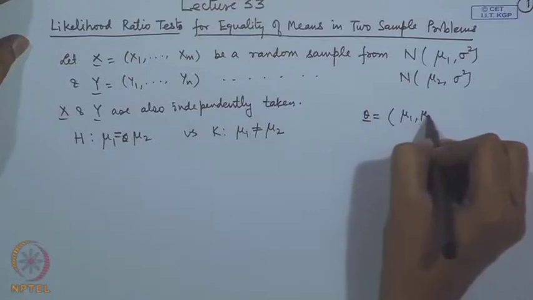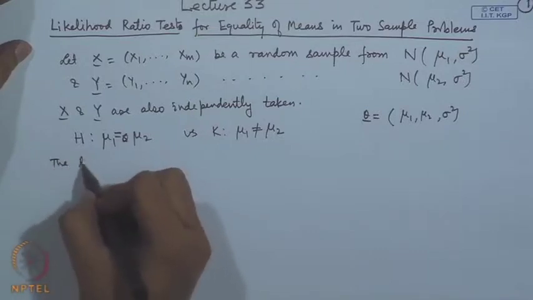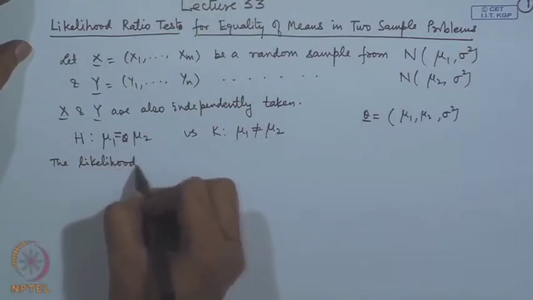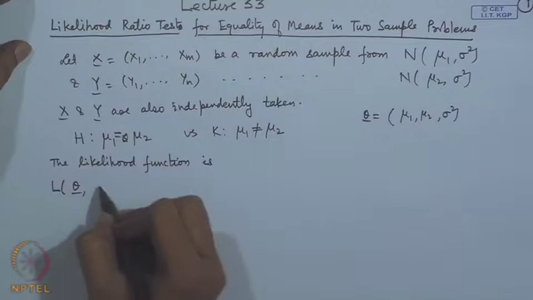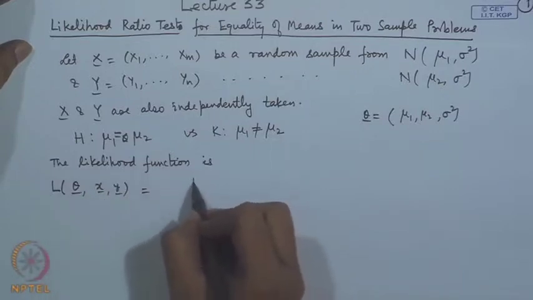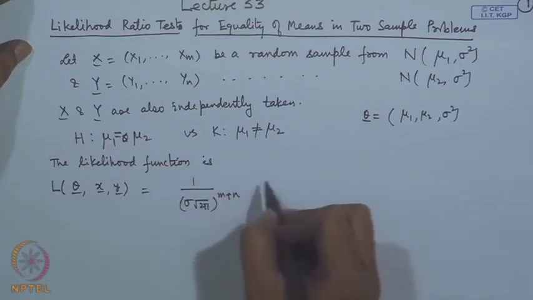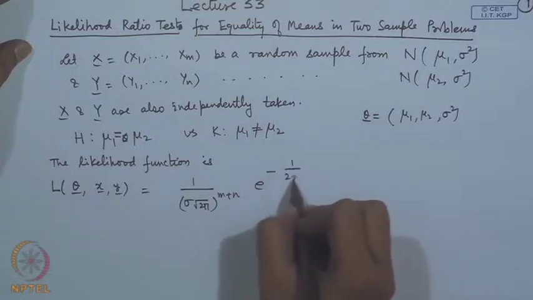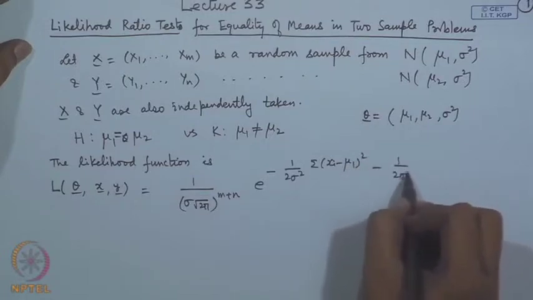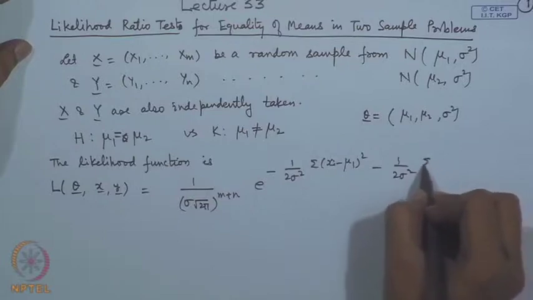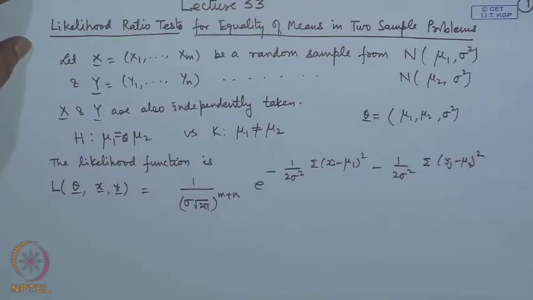So, mu 1, mu 2, sigma square, these are the parameters here, and so the likelihood function L theta, x, y is equal to 1 by sigma root 2 pi to the power m plus n, e to the power minus 1 by 2 sigma square sigma (x i minus mu 1) square minus 1 by 2 sigma square sigma (y j minus mu 2) whole square.